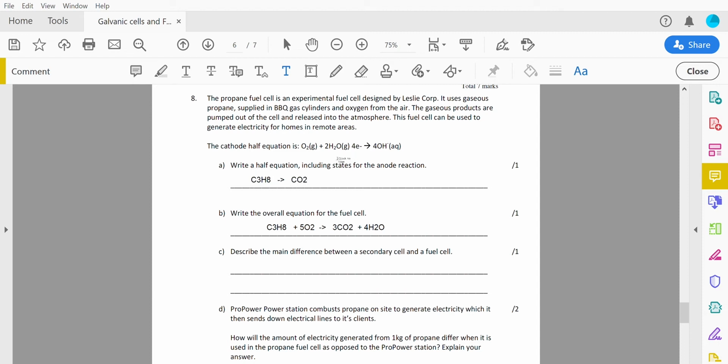You must include states. I'm sure you know what they are, gas, gas, and so forth. So, I've got my propane. I'm producing 3 carbon dioxide. What I need to do now is balance first for acidic conditions, and then add those hydroxyl groups to make it alkaline conditions, because that's what the cathode half equation is telling us.